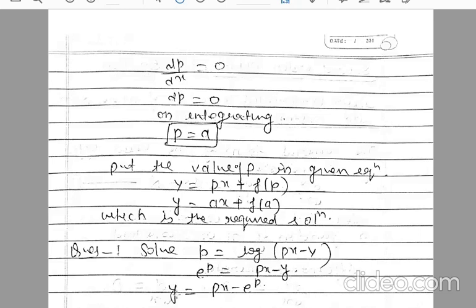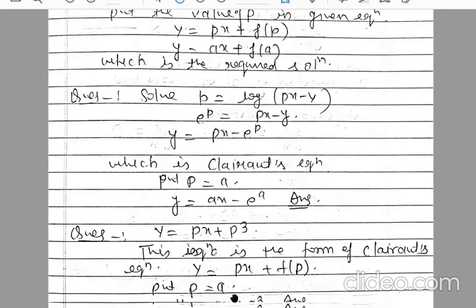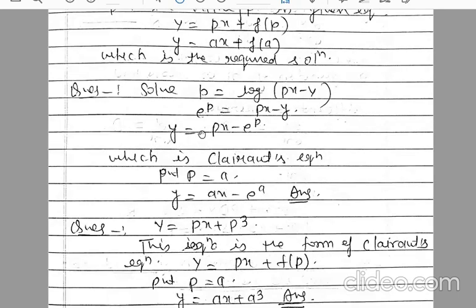Moving y to the left-hand side, y is equal to px minus e to the power p. So we can see that y is equal to px plus fp. That means it is a Clairaut's equation, and we can directly put p is equal to a here. So the solution will be y is equal to ax minus e to the power a, right?